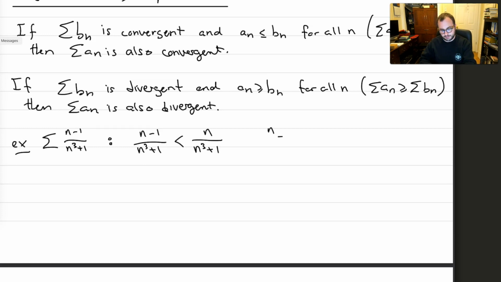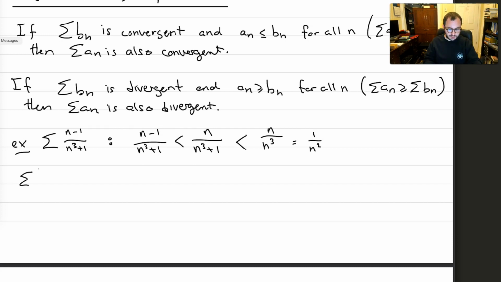Then I also have n over n cubed. And we also have this inequality here because the denominator for n over n cubed plus 1 is bigger than n cubed. Bigger denominator is a smaller fraction. And n over n cubed is 1 over n squared. So my series n minus 1 over n cubed plus 1 is smaller than 1 over n squared.